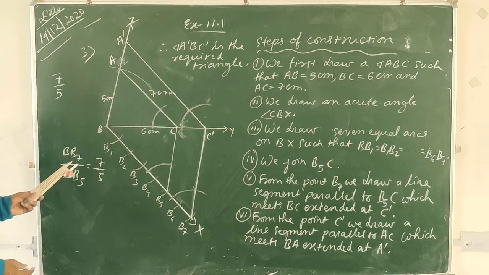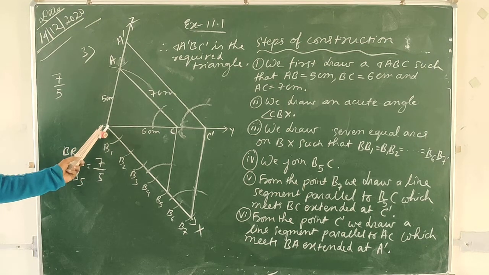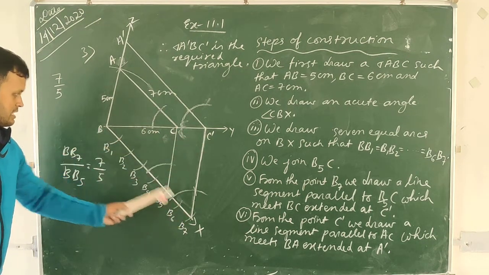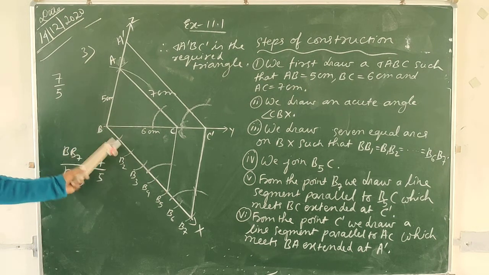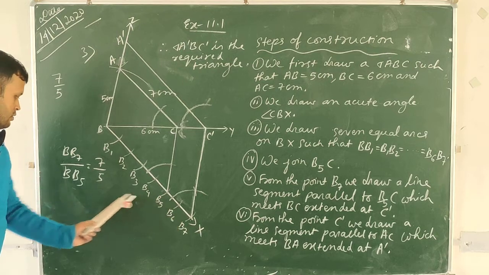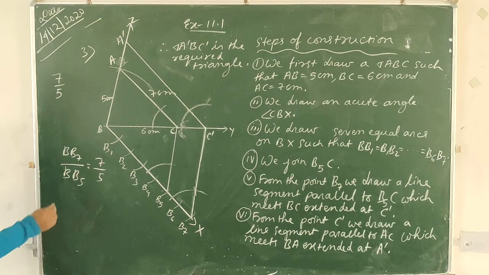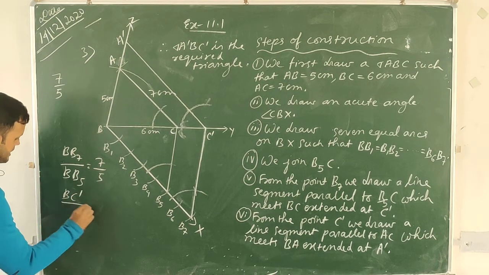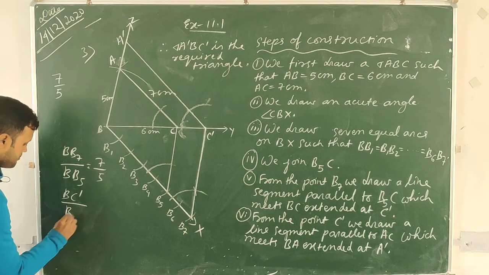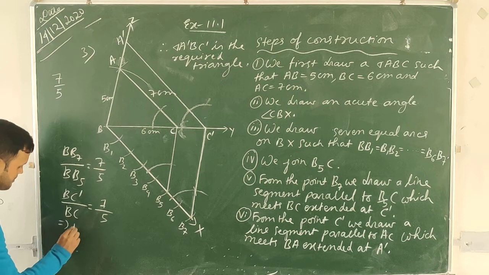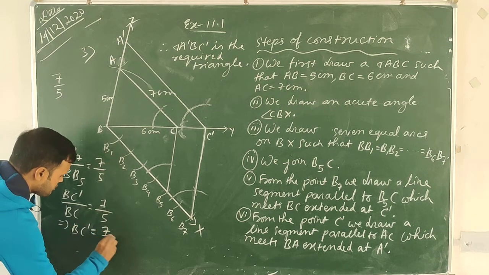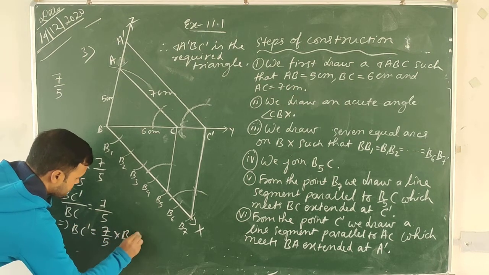So now you see the bigger triangle, that is B C dash B7 and B C B5 are similar. Therefore I can write B B7 by B B5 is equal to 7 by 5. So B C dash by B C is equal to 7 by 5. Now if it was multiplied, B C dash is equal to 7 by 5 into B C.